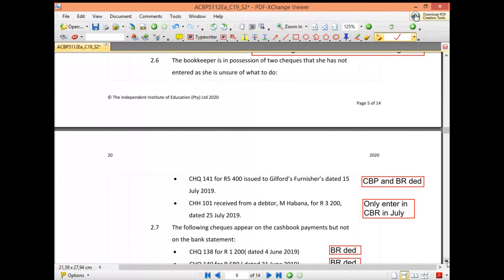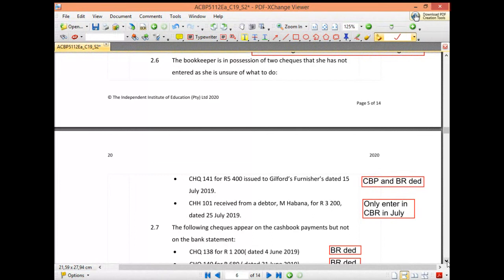Even though it is dated 15 July, it would already be accounted for in our cash books, because we write the checks to keep track of all the checks that have gone out. So in this scenario, you would include it in both the cash book payments and in your bank recon as a deduction. And the only reason we affect both is because it has not been entered as yet. So it hasn't been dealt with at all.